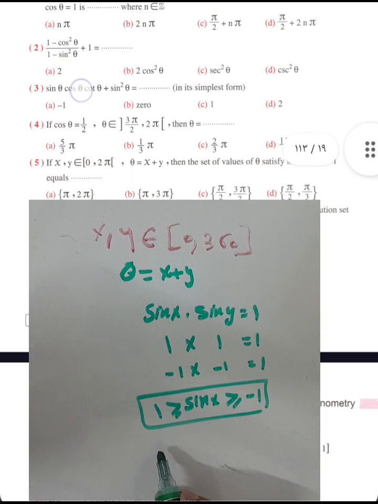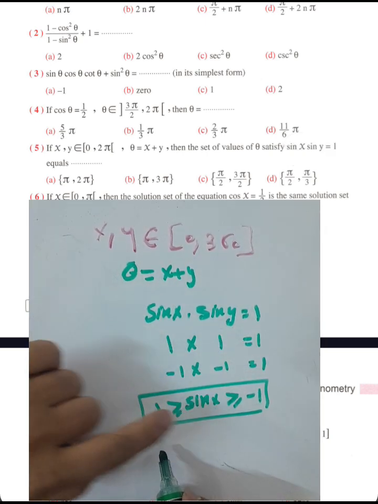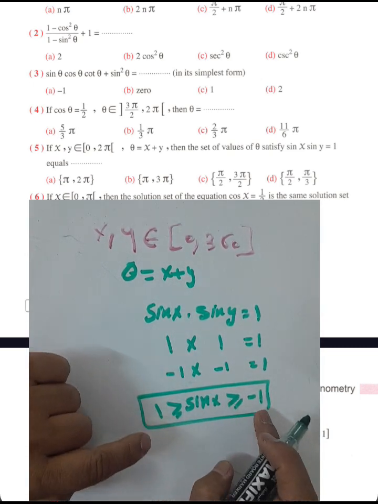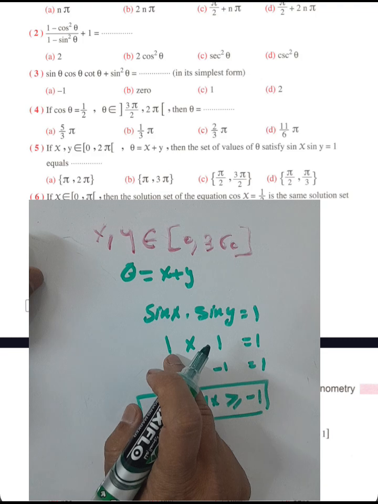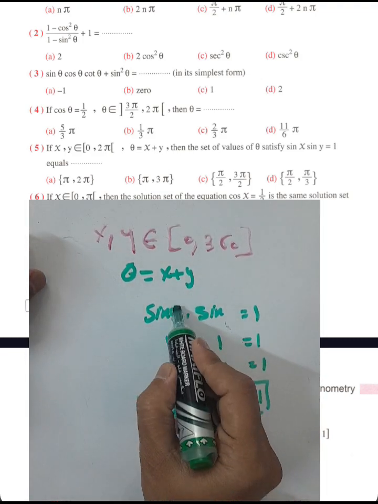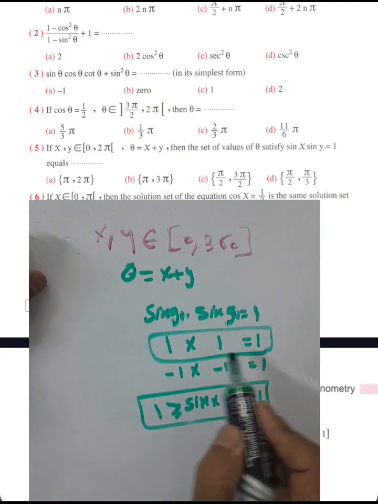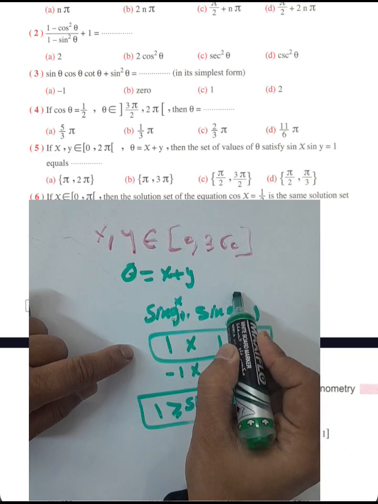Understood? Then for the product of sine and sine to equal 1, sine must be 1 times 1, or negative 1 times negative 1. How do we find 1? If the angle equals 90, because sine 90 equals 1. So the first solution: 1 times 1 equals 1 if x equals 90 and y equals 90.